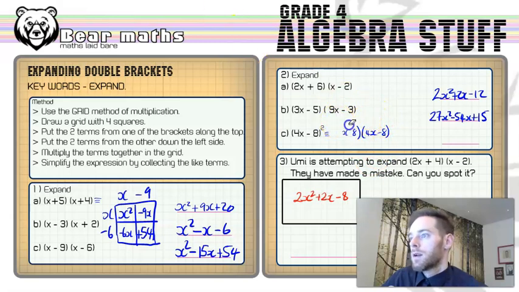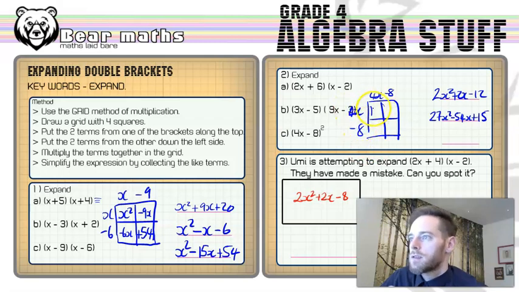I'll get rid of that because I need the space. Let's do that. Oh, my grids are getting worse. 4x minus 8, 4x minus 8. That's awful, I'm sorry. That gives us 16x squared.